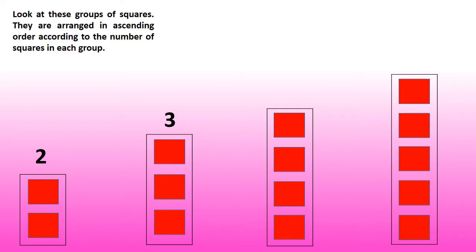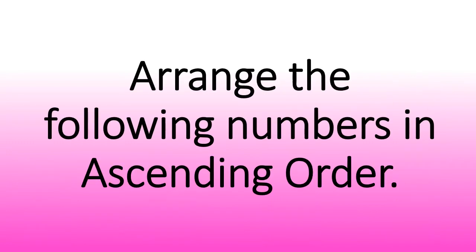The third group has 1, 2, 3 and 4 squares, and the last group has 1, 2, 3, 4 and 5 squares. So we can see that these groups of squares are arranged in ascending order.